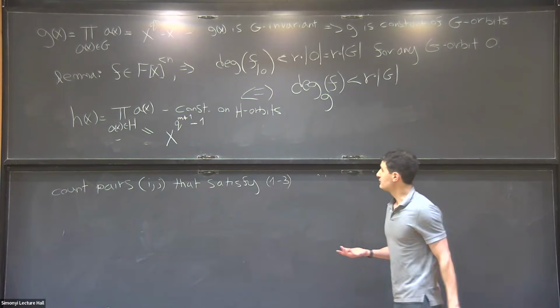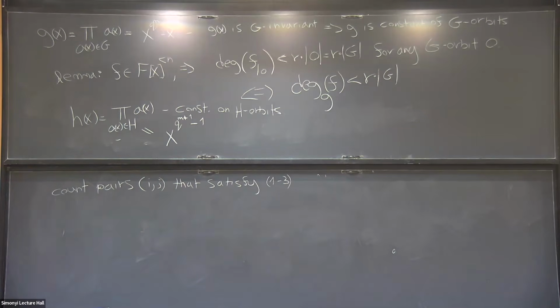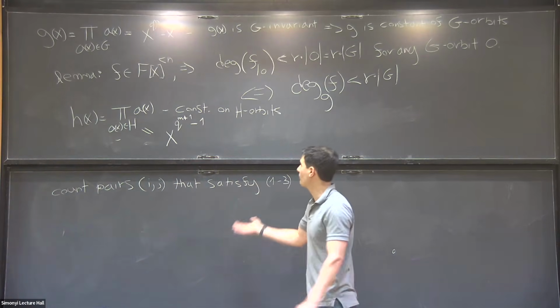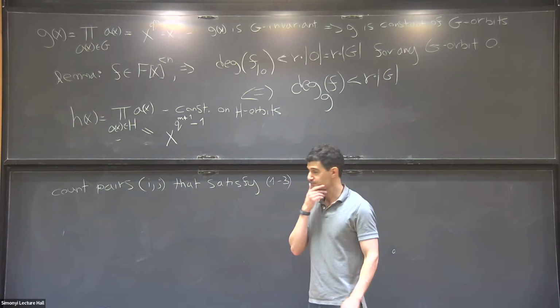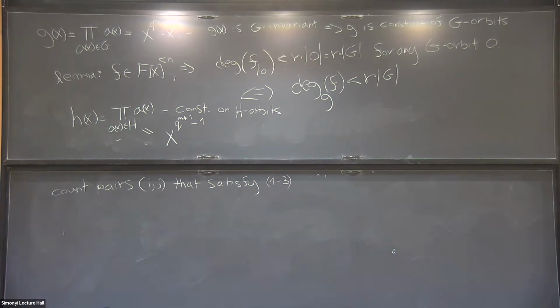For any pair that satisfies constraints 1 up to 3, I know automatically that the corresponding polynomial lies in W, and they're all linearly independent because they have distinct degrees. So now the problem is maybe somewhat easier. Okay, but the problem is, again, we need to say something about this.